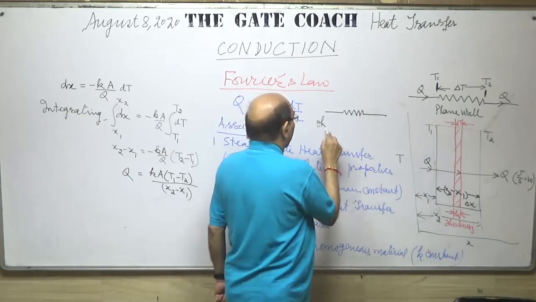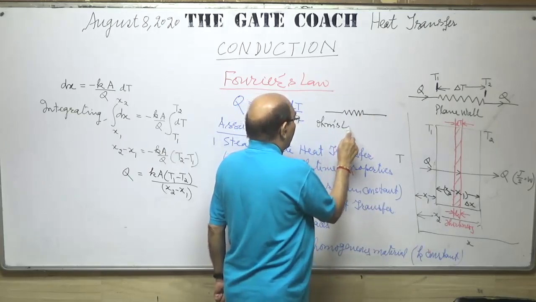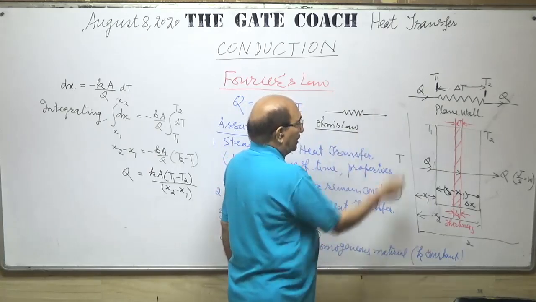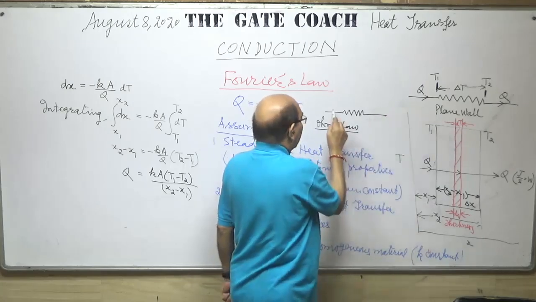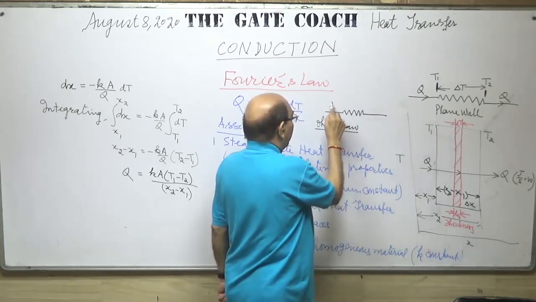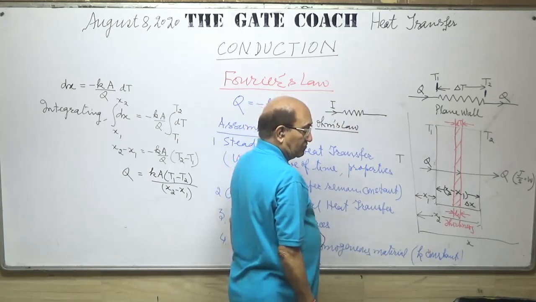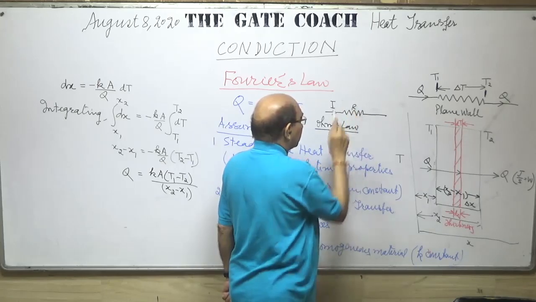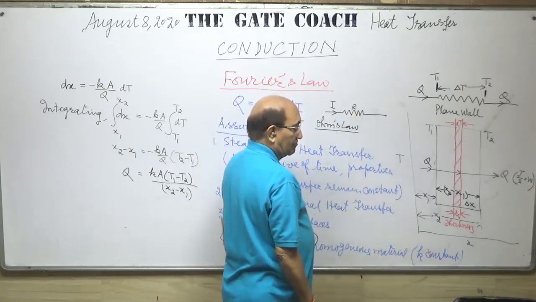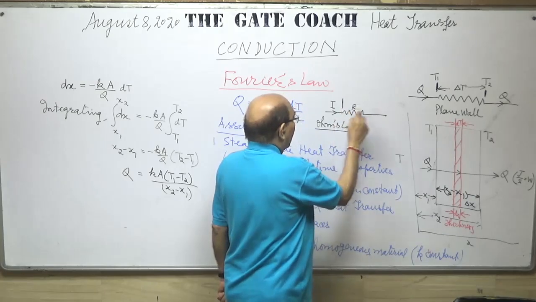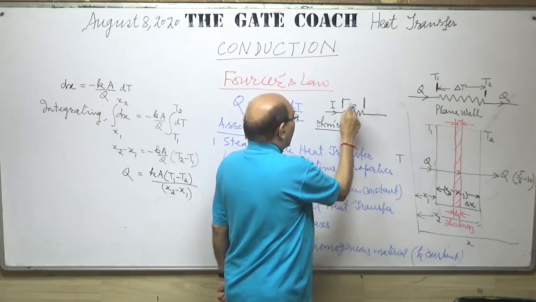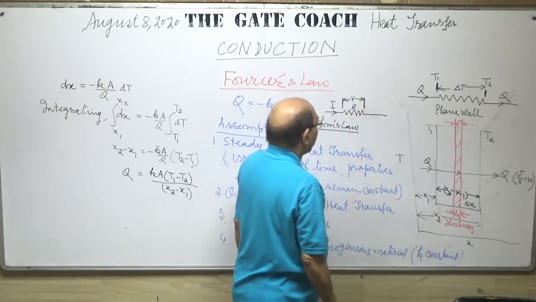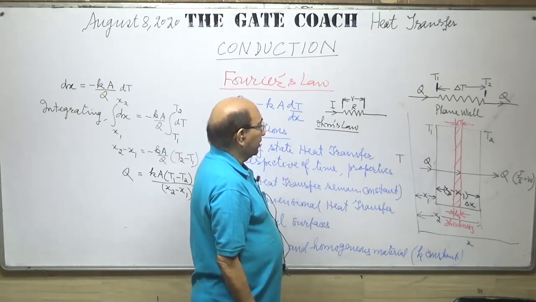In electrical engineering, we studied Ohm's law. As here, flow of heat, there it used to be the flow of current. Material offered some resistance. There was electrical potential difference, that is voltage.